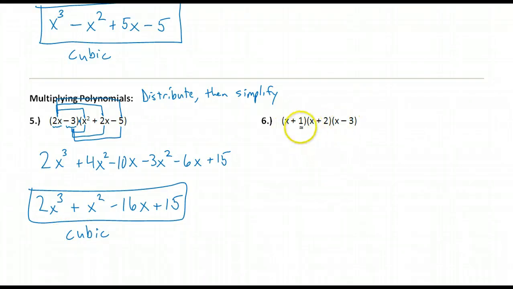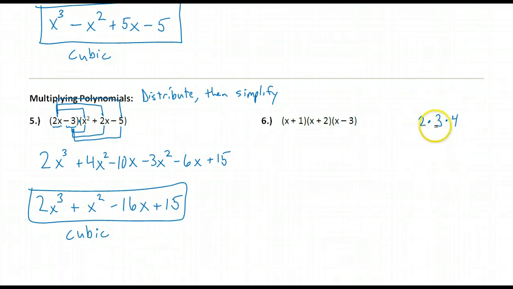And the last problem, I have a linear polynomial times a linear polynomial times a linear polynomial. And to do this, I'm going to distribute and then simplify. But before that, I want to show you another problem. 2 times 3 times 4.